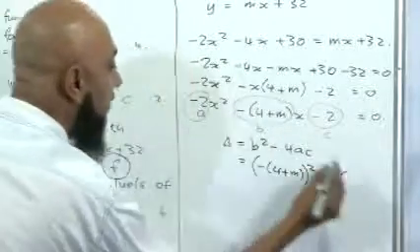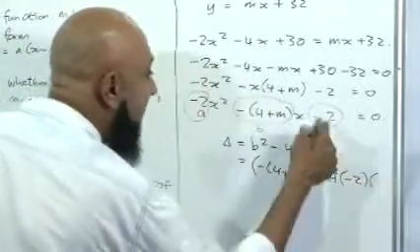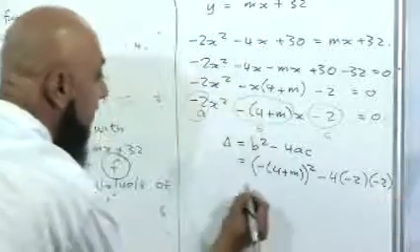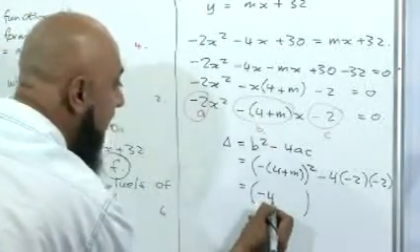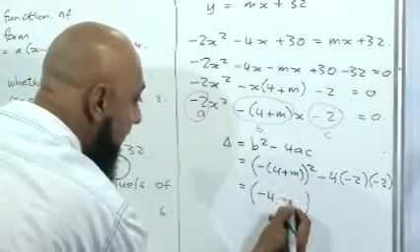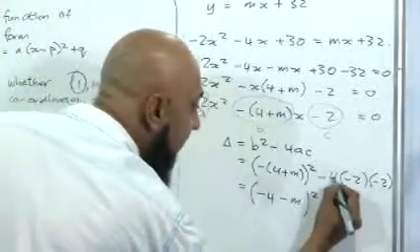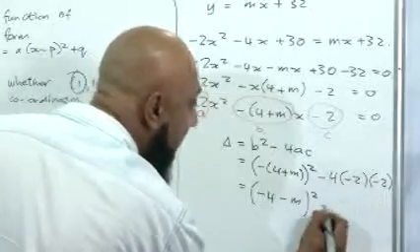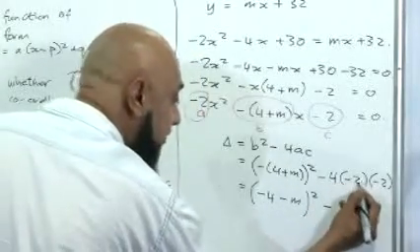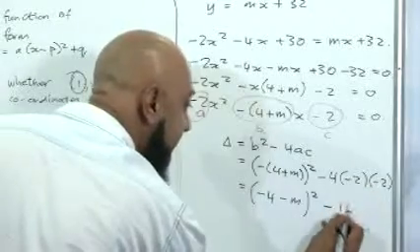What's our a value? Negative 2. What is our c value? Negative 2. So this would equal to, let's remove our brackets inside, minus 4 minus m squared. This will give me negative times negative is a positive times a negative is a negative. 4 times 2 is 8, 8 times 2 is 16.